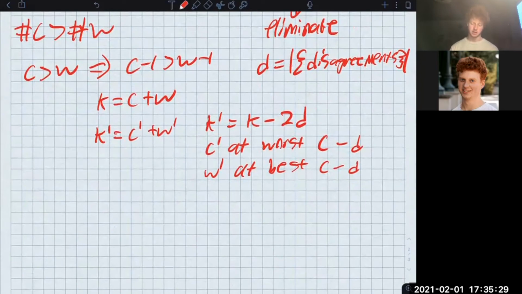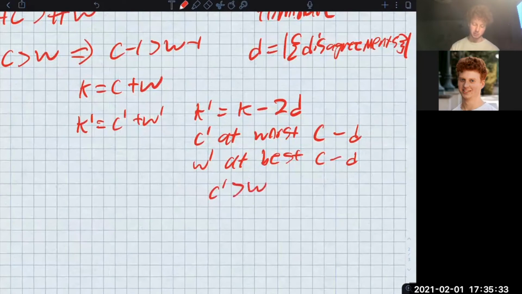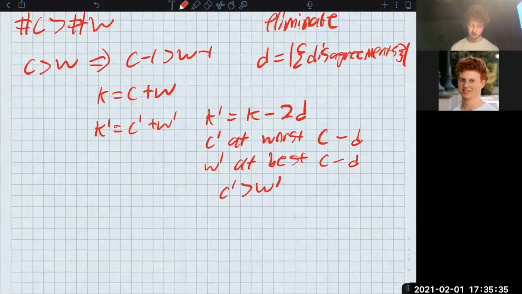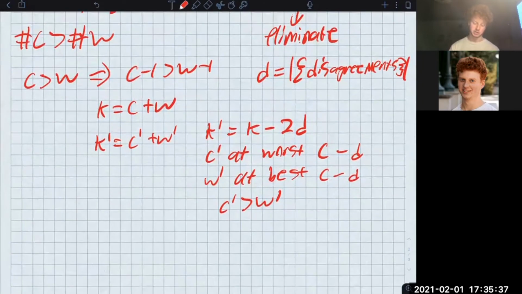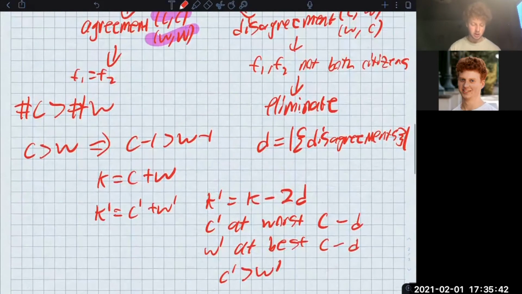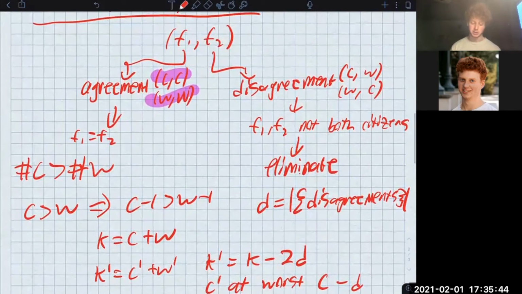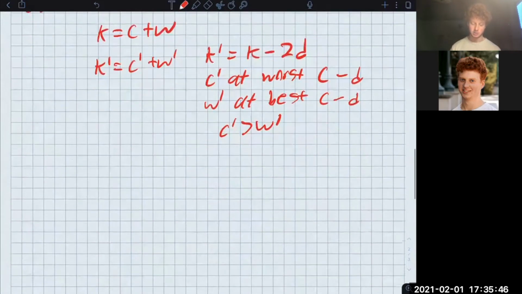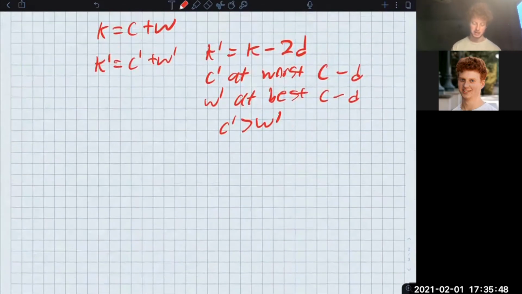So, same as before, C prime is going to be greater than W prime because C was greater than W, and we've reduced the total number of people. Now, when we deal with the agreement pairs, we have K minus 2D remaining people. So K prime is now K minus 2D divided by 2, since we just have all the remaining pairs.